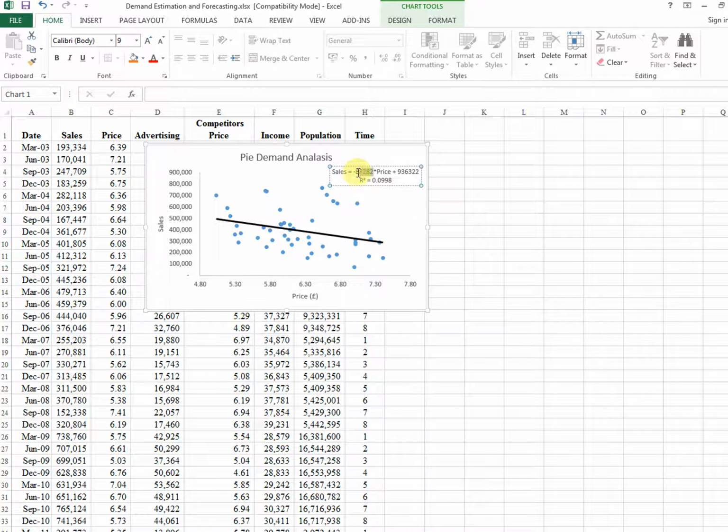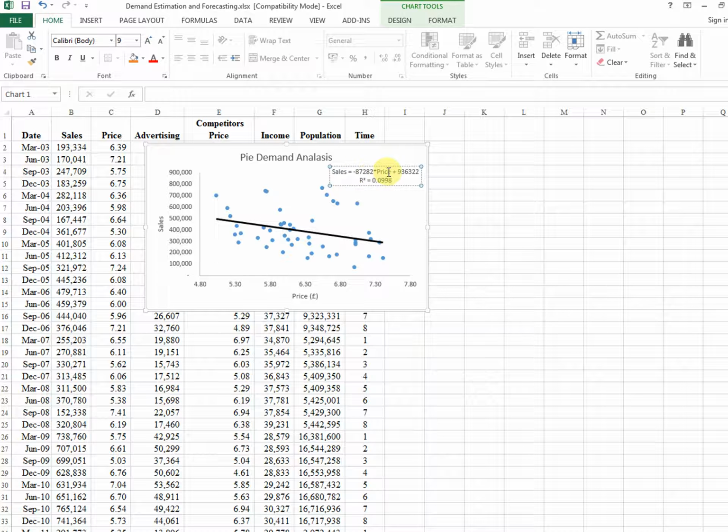So 87,282. So this is the quantity. So if the pie price goes up by £1, so just plug in our pound here, 1 times this gives us negative this number. So the sales volume will decline by this much.